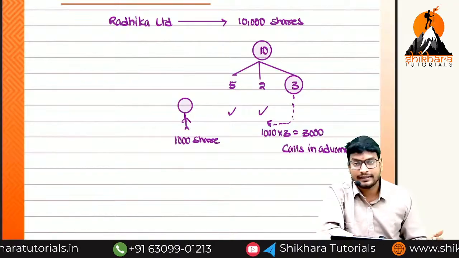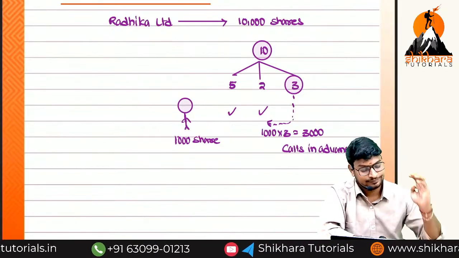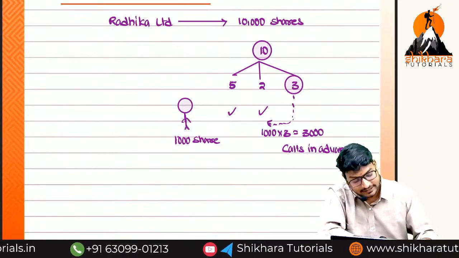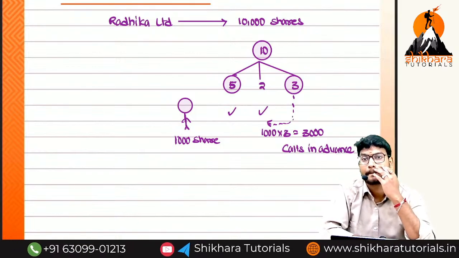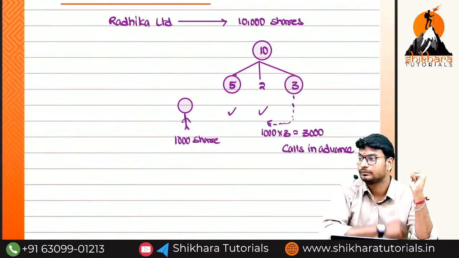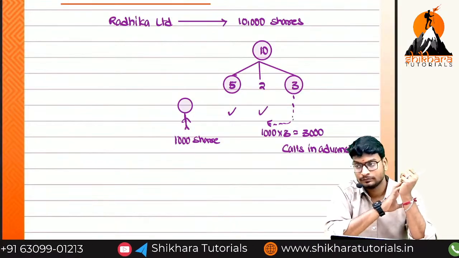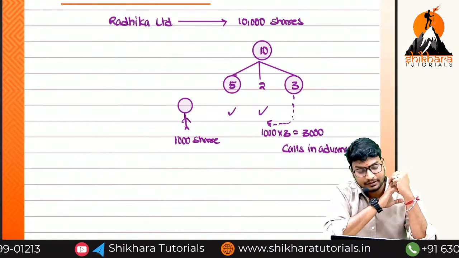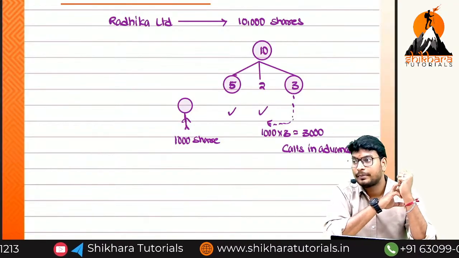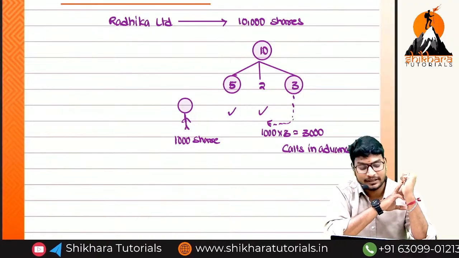Okay, we have to write the entries. Try to write the first installment entry. Application money received. What is the entry? Bank account debited to share application account.